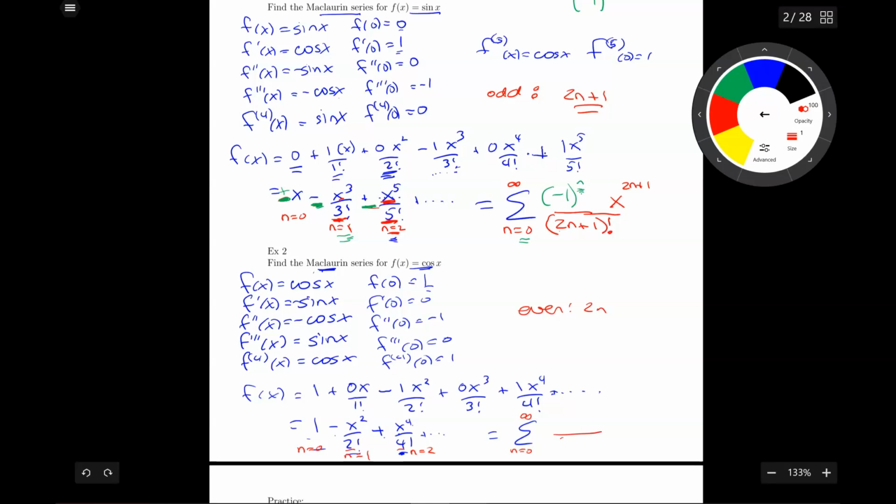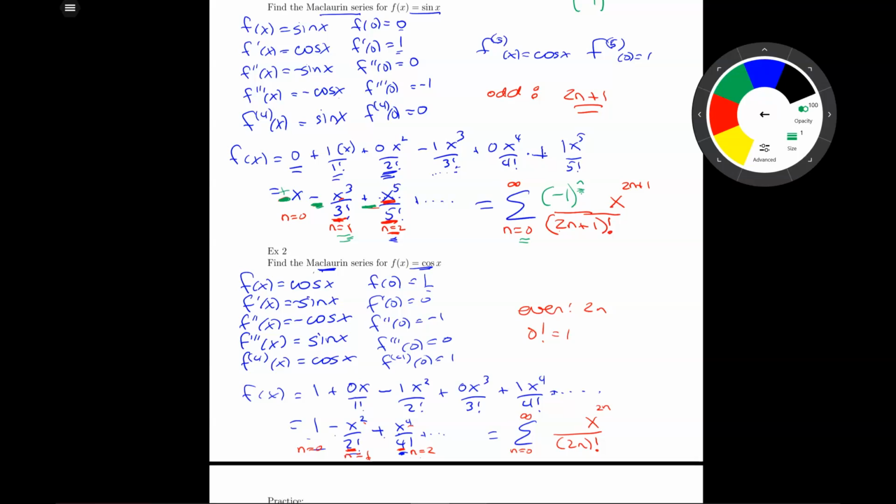So let's start with that factorial in the denominator. So 2n factorial will give me the 4 factorial, the 2 factorial, and when I plug in 0, 0 factorial, remember, is defined as 1. Okay, so that takes care of that. Then I have x to a power, so that's going to be x to the 2n power, because n equal 2 gives me 4, n equal 1 gives me 2.